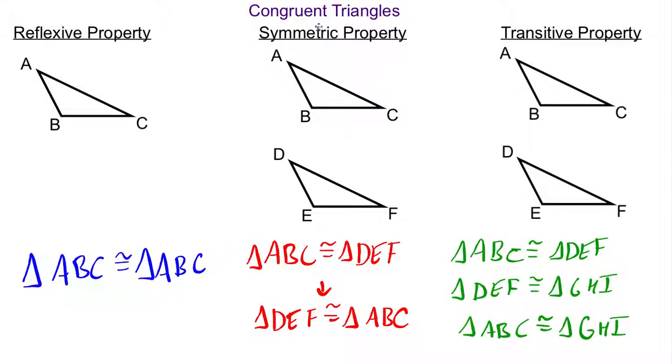We've been dealing with the transitive property a lot this year. Remember, it has to have this common link. So if 1 is equal to 2 and 2 is equal to 3, then we just get rid of the 2's and just say 1 is equal to 3.